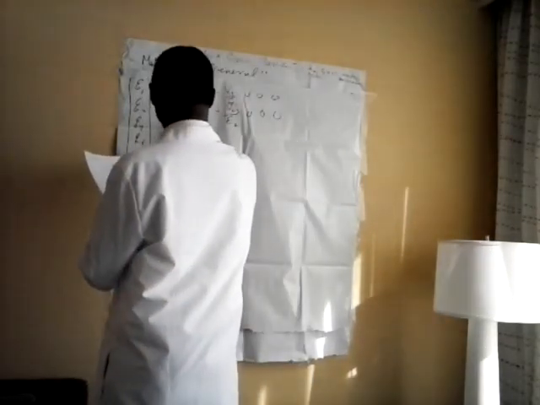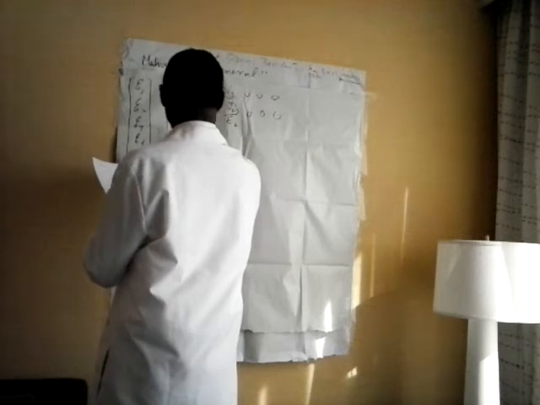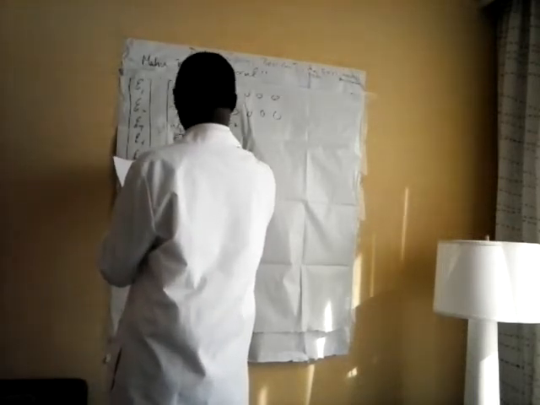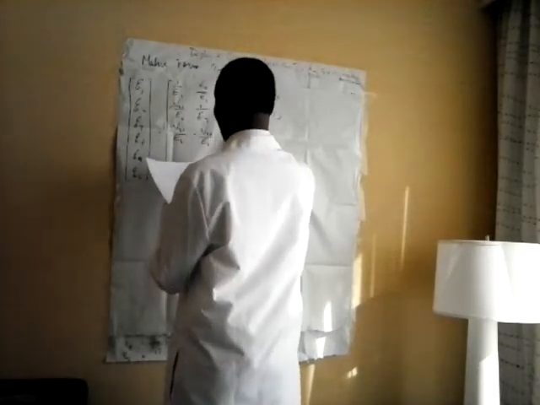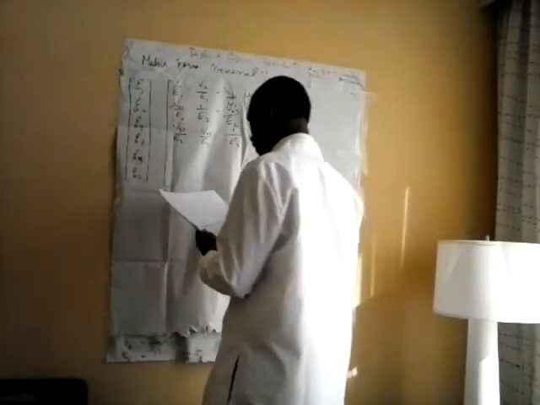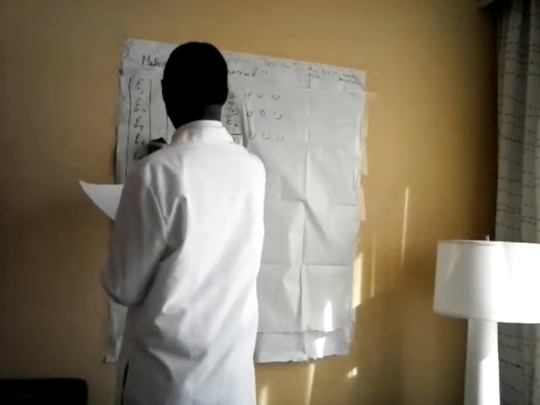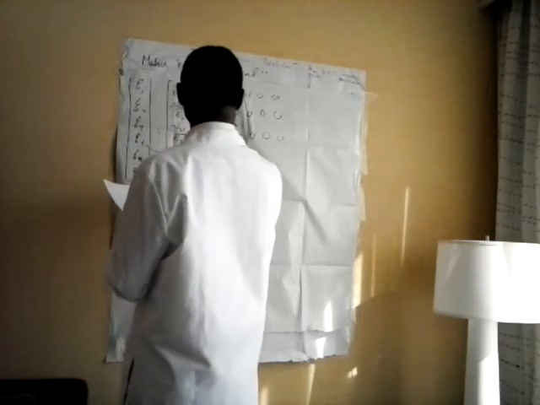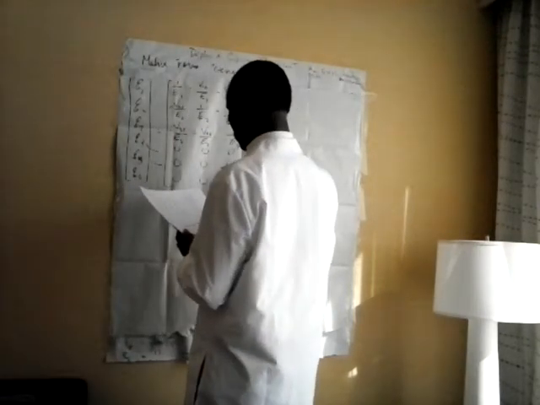And we have now minus V31 over E3, minus V32 over E3, 1 over E3, 0, 0, 0. And the rest of them are 0, 0, 0, 0, 0, 0, all zeros.